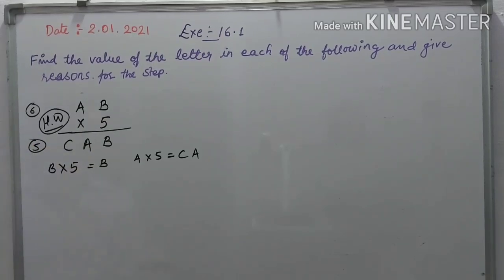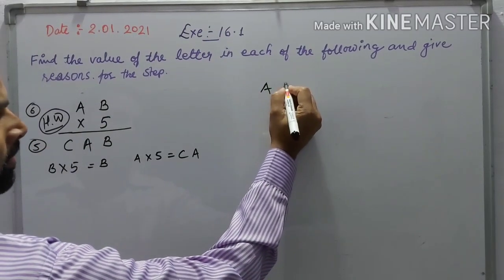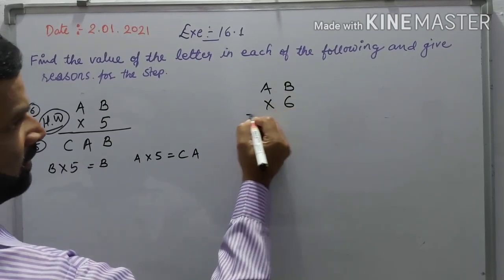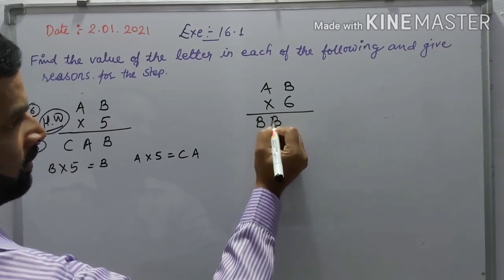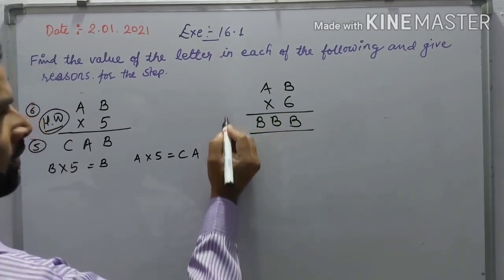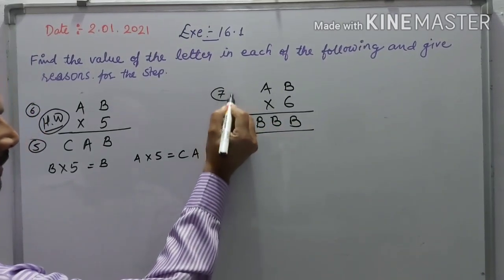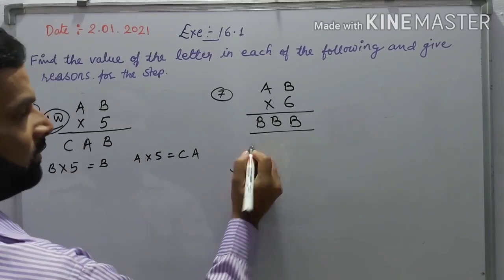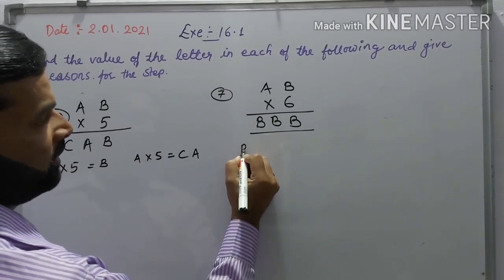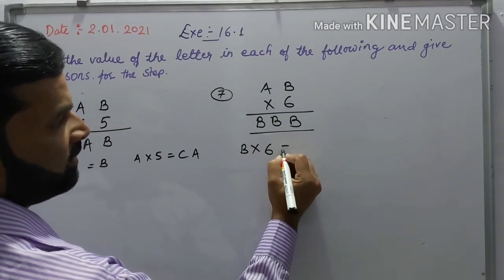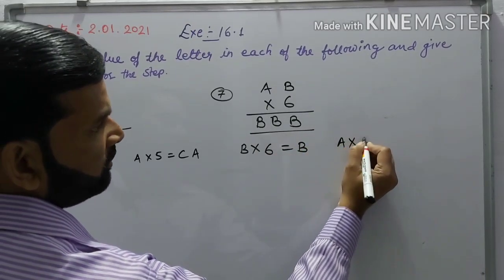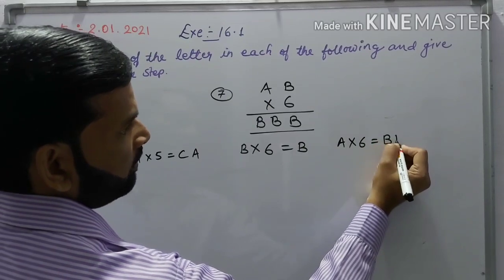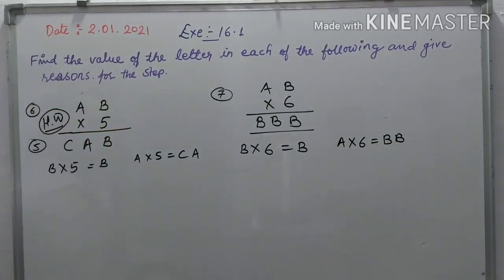Now we solve AB into 6 upon 3B. This is question number 7. Okay, now B into 6 is equal to B, and again we multiply A into 6 is equal to double B because the last number is a tens number.